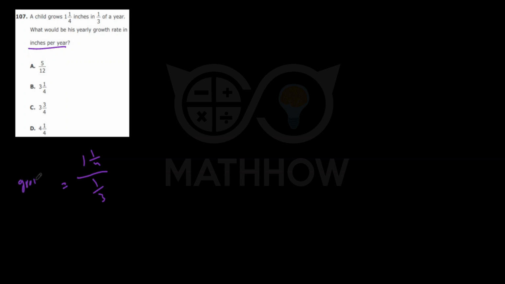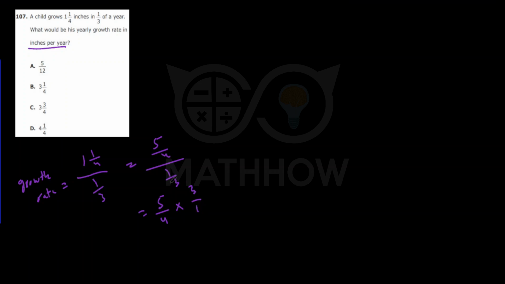This will be growth rate. Converting the mixed fraction into improper fraction, this will become 5 over 4 whole divided by 1 over 3, and 5 over 4 multiplied by 3 over 1.